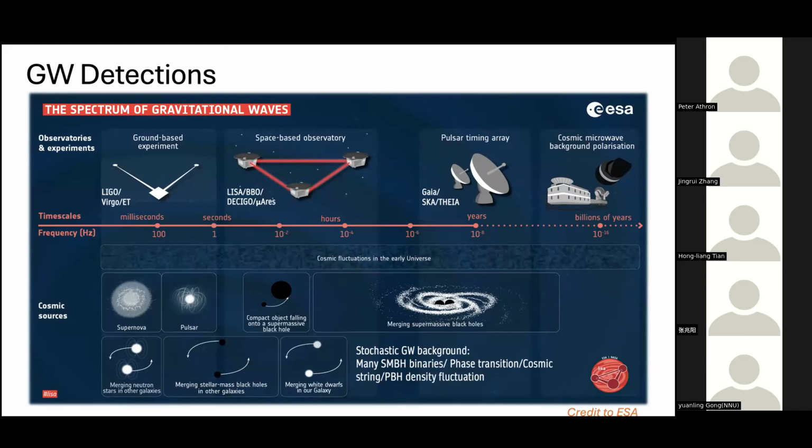Then we also use pulsar timing arrays to detect gravitational wave signatures. All these detectors work in different frequency regimes, and they cover a huge range of frequency. Depending on the source from which the gravitational wave is generated, the wave can have different frequencies, and hence one can use these detectors to detect those gravitational wave signatures.